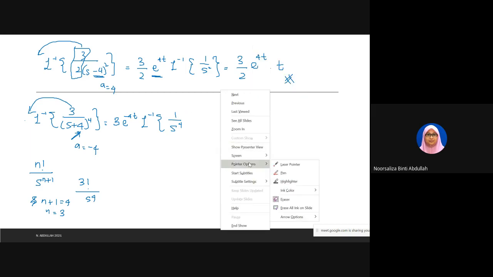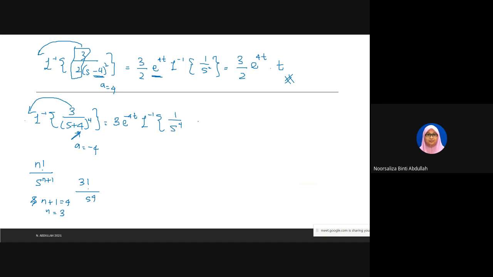You times with 3 factorial over 3 factorial. Then you have this 3 exponent minus 4t.